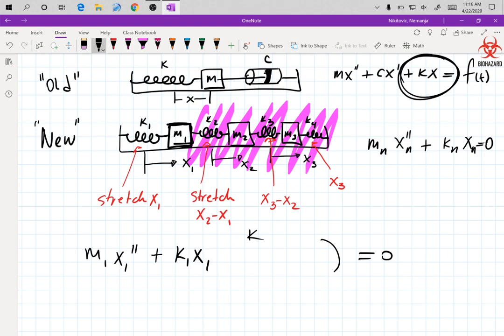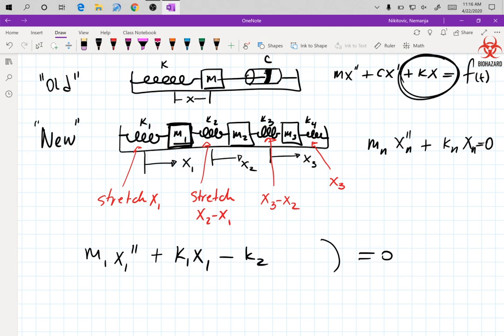But then this is affected by the k2 from the other side, and k2 has this stretch of distance associated with it, so that's going to be minus k2, and then we have x2 minus x1.